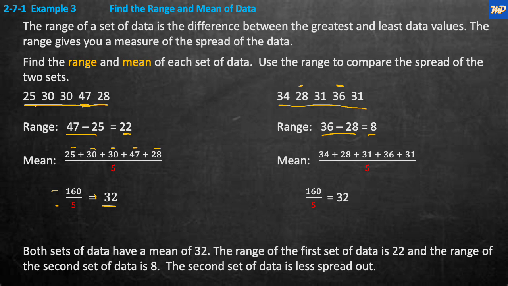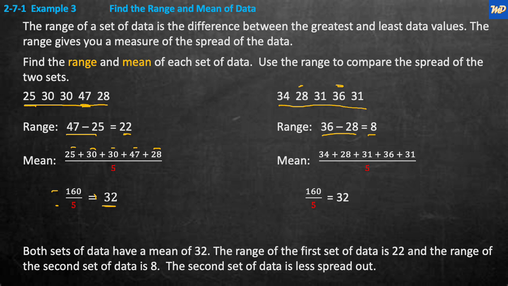And look at this, it's kind of funny because 34, 28, 31, 36, and 31 also add up to 160, and when you divide by 5, it's 32. But the curious thing here is that the set on the right-hand side with the range of 8, the data is much closer together than on the other one.